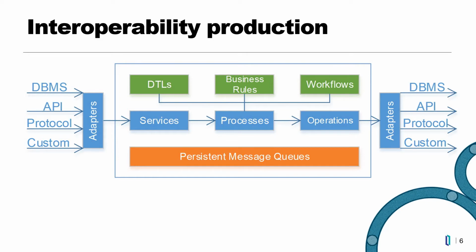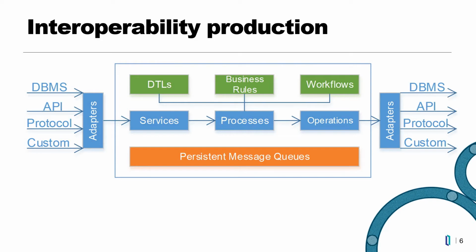Furthermore, services and operations use adapters. Adapters contain the technical logic, the technical implementations for protocols, and the underlying mechanics to talk to external systems, and services and operations contain more business-oriented logic.